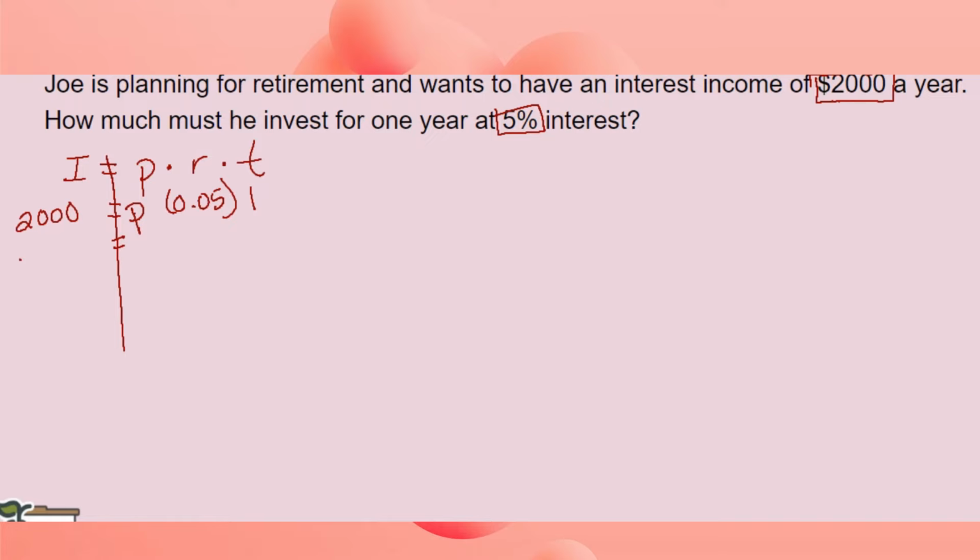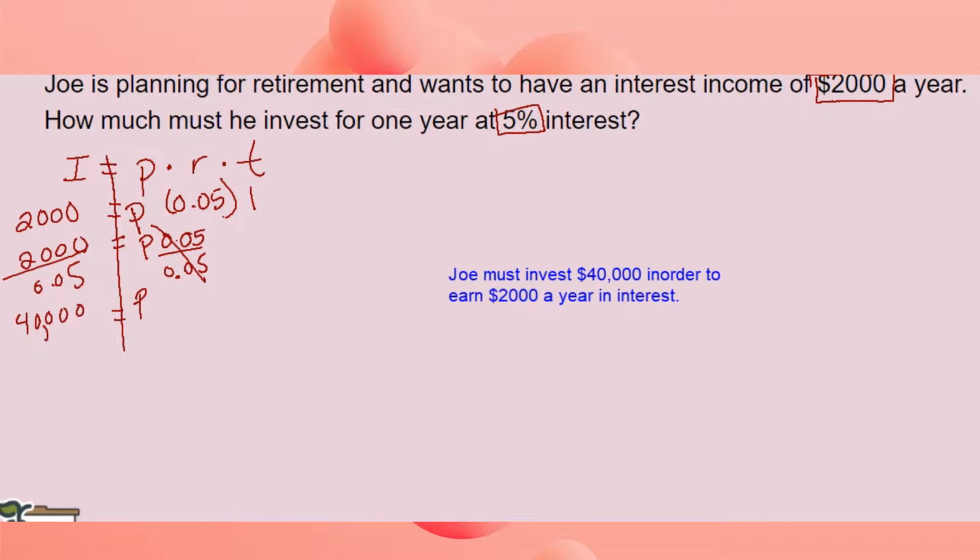So now I need to go ahead and simplify. When we simplify, we end up with 2,000 equals P times 0.05. Now we have to isolate our variable by dividing by 0.05 on both sides of the equal sign. When I simplify, I'm left with P equals 40,000. Joe must invest $40,000 in order to earn $2,000 a year in interest.